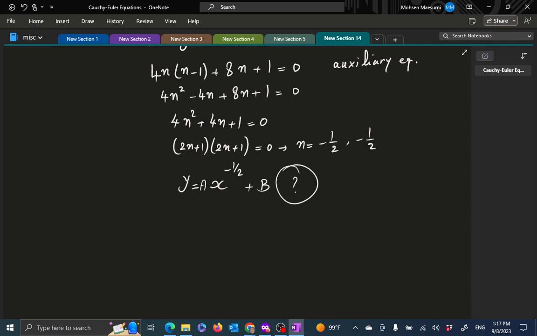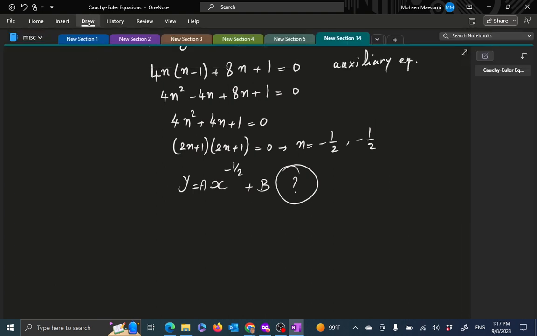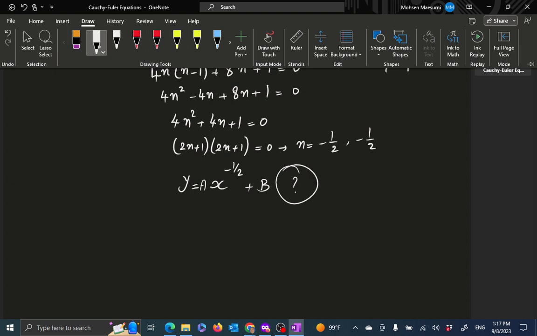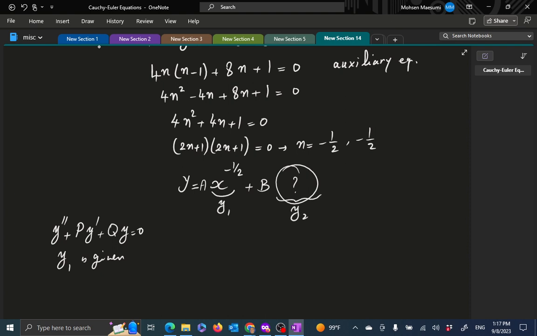Let me just remind you, if you have an equation written in the form y double prime plus some known function times y prime plus some known function times y equal to 0, and one solution y1 is given, or somehow we found it, how do we find the other one, y2?